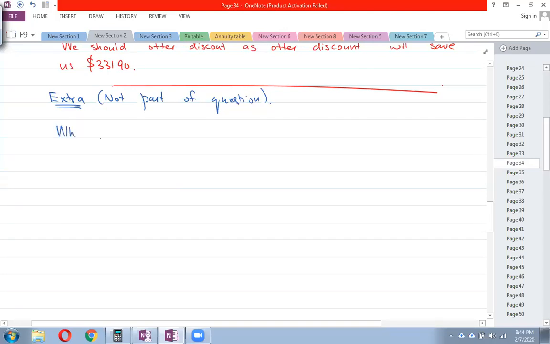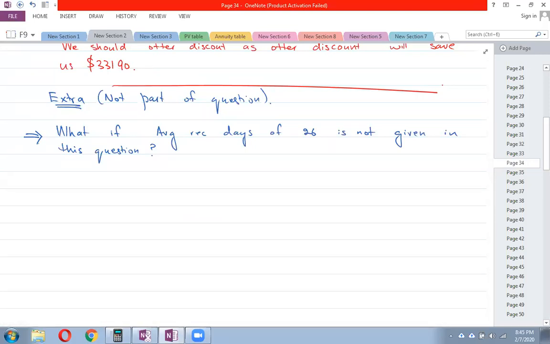What if the average receivable days of 26 is not given in this question? Now, if it is not given to us, then we can calculate it.